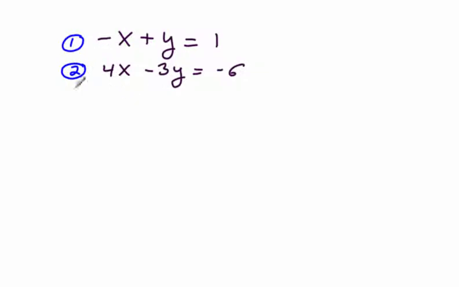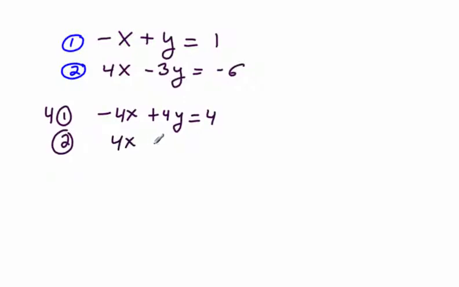So let's go ahead and do 4 times equation 1, and that will give us negative 4x plus 4y equals 4, and then we still have just regular old equation 2, which is 4x minus 3y equals negative 6.